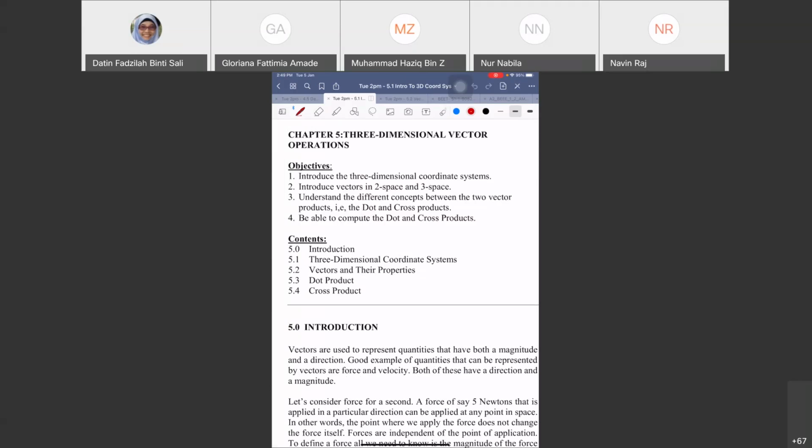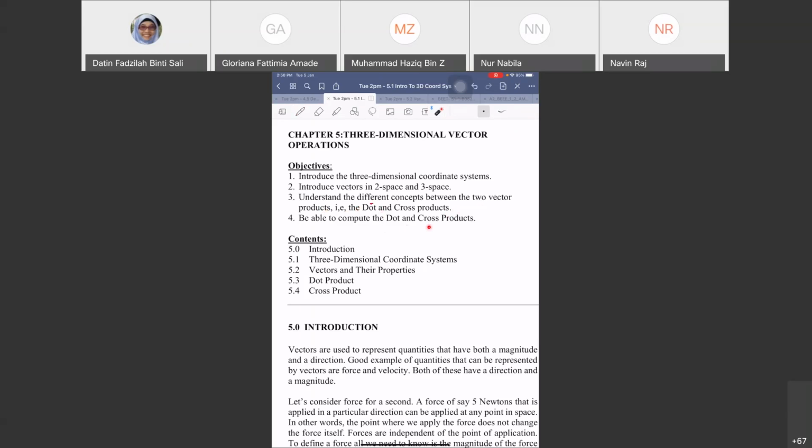By the end of this chapter, you'll be able to understand what we mean by the three-dimensional coordinate system, what we mean by two-dimensional space and three-dimensional space, and vectors in those coordinate systems. You will also understand the difference between two vector products, namely dot and cross product, and be able to compute them.